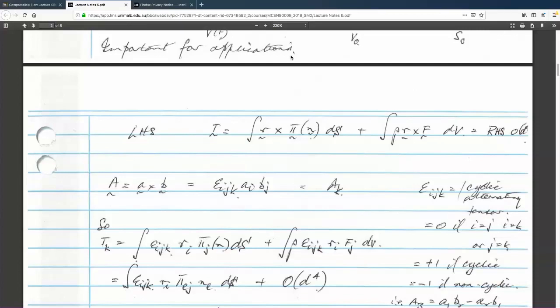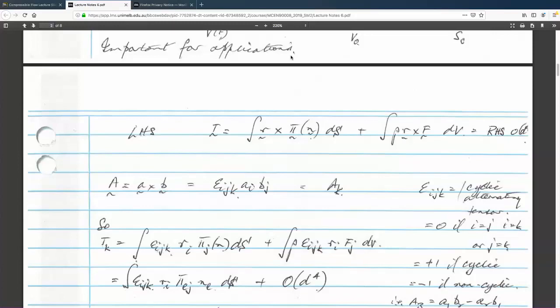That's going to be 3. And now i can't be 3. It could be 2 or it could be 1. And j can be 2 or 1. But they can't be both 2 or both 1. So if it's 1, 2, 3, it's cyclic. And so I would get A1 B2. If it's anti-cyclic, 2, 1, 3, then it would be minus A2 B1.